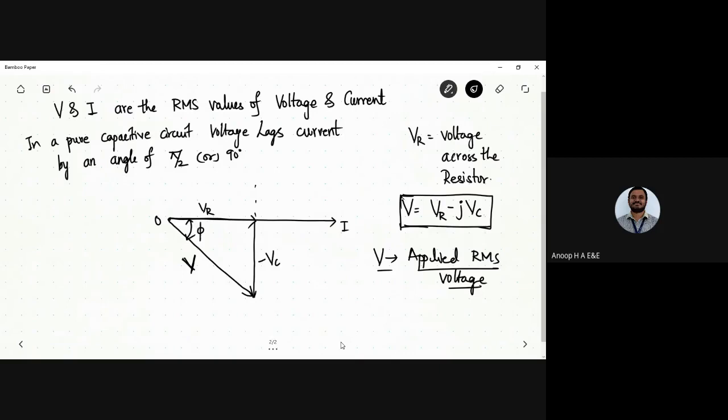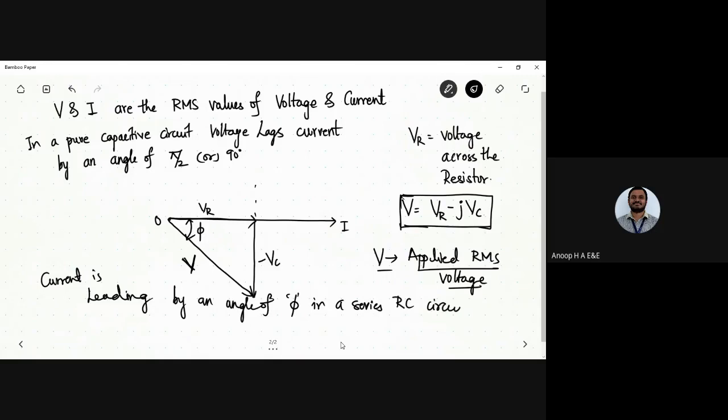This is the angle phi that is created, and what you can see here is current is leading. Current is leading by an angle of phi in a series RC circuit.